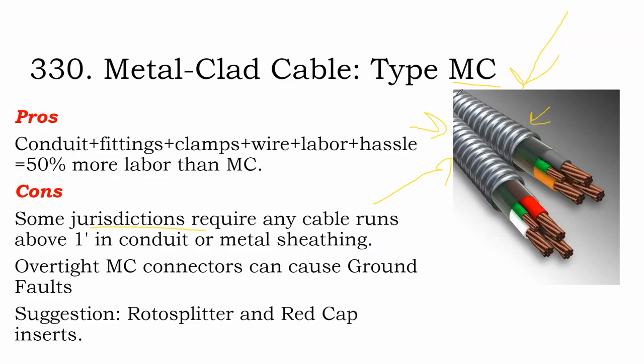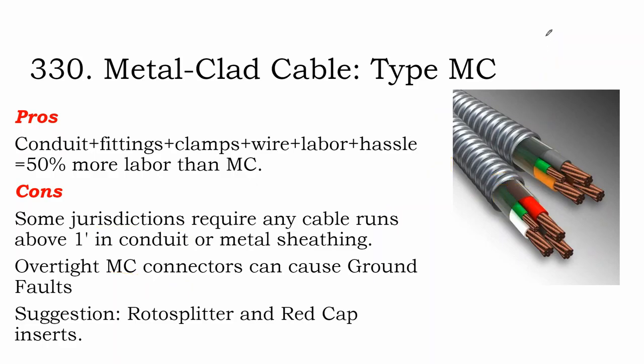This is one area where the United States has a more expensive solar industry than in other countries, but you get what you pay for. Landing the connectors on this MC cable, if you over tighten them, they can bite into the cable and cause a ground fault.